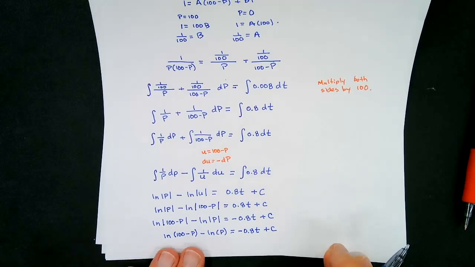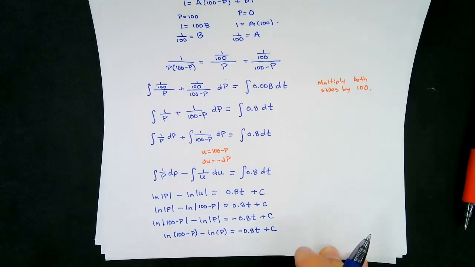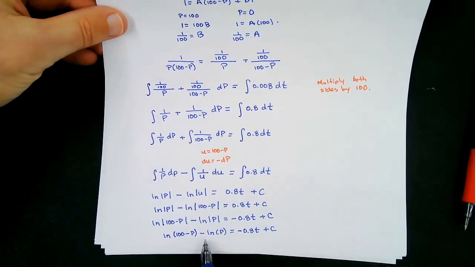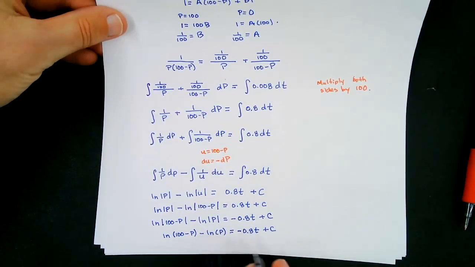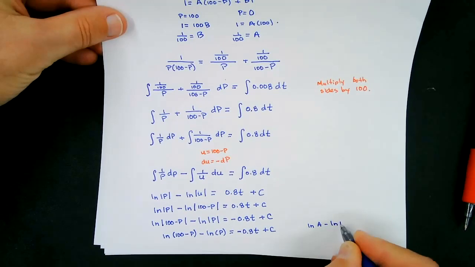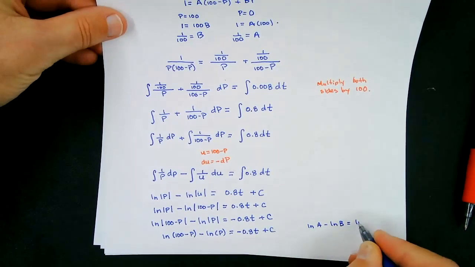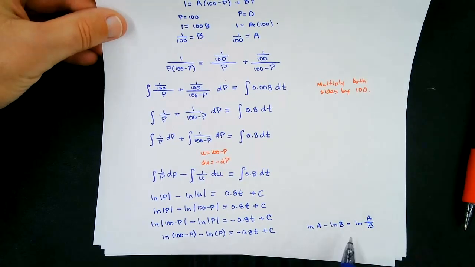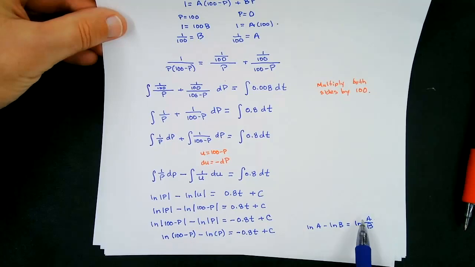All right, so we have this, and there's another way we can write it using logarithm properties. Remember, if we have the natural log of a minus the natural log of b, that's equivalent to the natural log of a over b. So we're going to use this to rewrite this in this form right here.